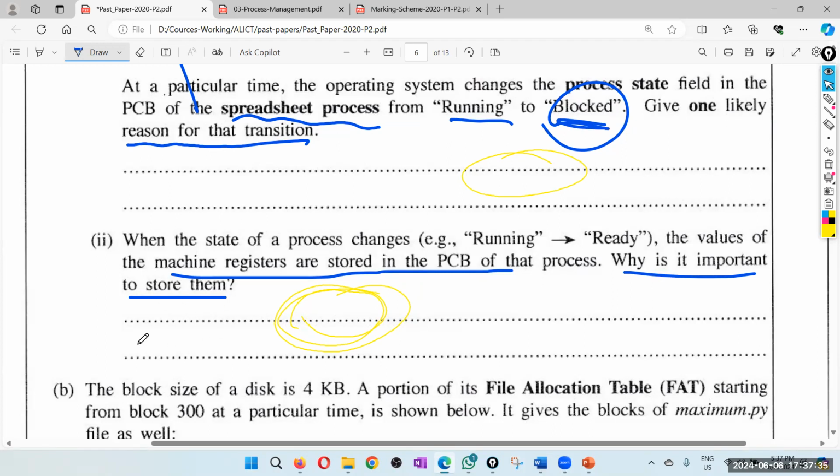Or you can simply say to resume the task from where it stopped. To resume the task where the processing is halted, those register values need to be saved in the PCB, something like that.